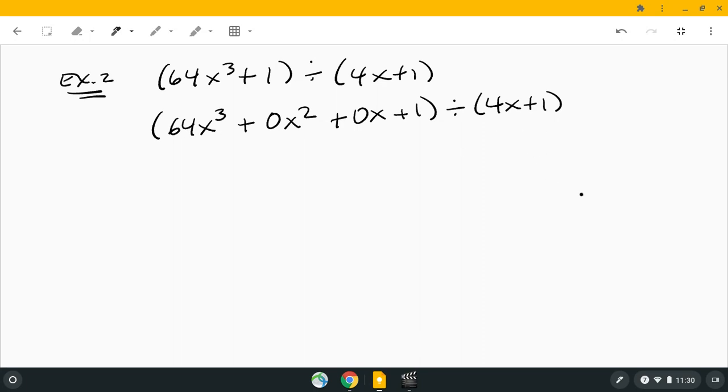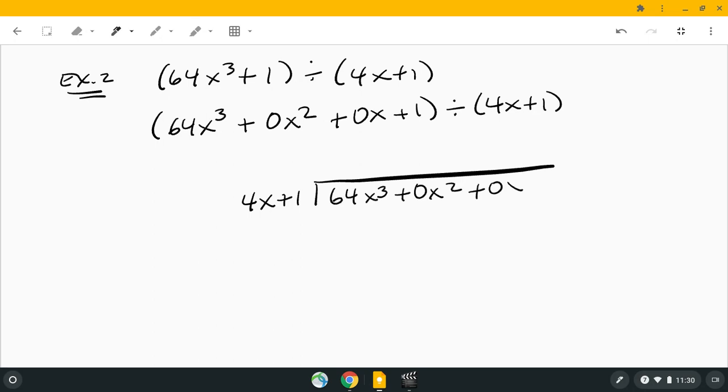All right, so now I can go ahead and begin. I have 4x plus 1, and I'm dividing that into 64x cubed plus 0x squared plus 0x plus 1. Okay, so I begin here, again, ignoring the plus 1 here. 4x times what will give me 64x cubed?